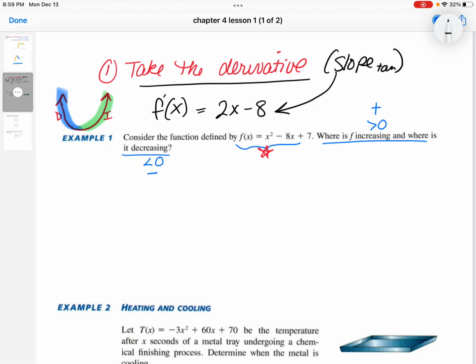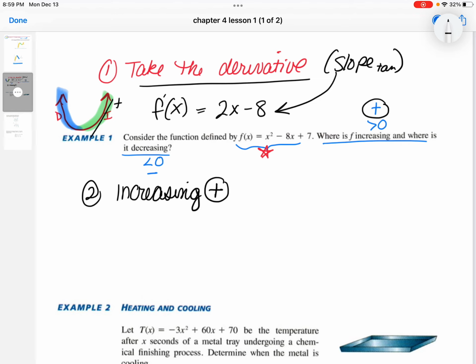So if I find out where the slope is positive, I'll find out where it's increasing. And if I find out where it's negative, I'll find out where it's decreasing. So step 1, take the derivative. And step 2, if I want to find out where it's increasing, I want to find out where the slope is positive, right? Think about that.